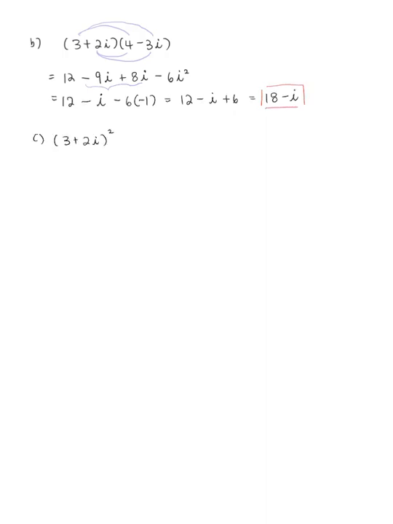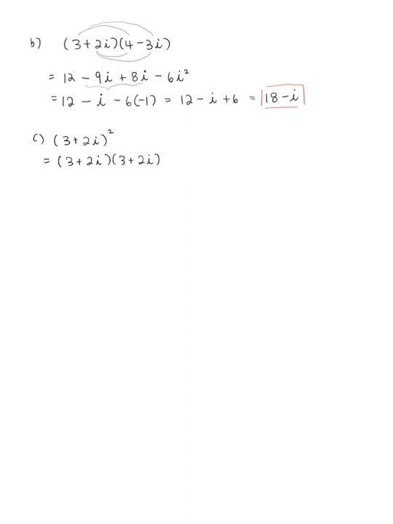Now let's look at something like 3 plus 2i whole quantity squared. Be careful, you cannot just distribute that exponent of 2 to the 3 and then 2i off the bat. 3 plus 2i whole quantity squared means you have to multiply 3 plus 2i twice. So here, write this out, 3 plus 2i times 3 plus 2i.